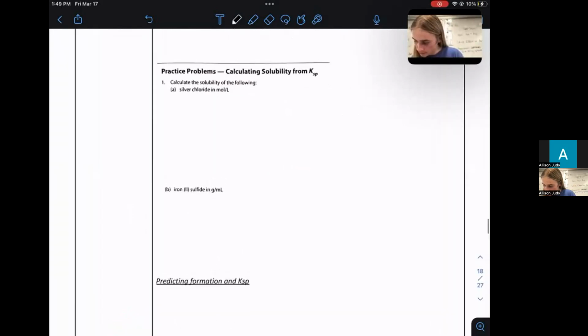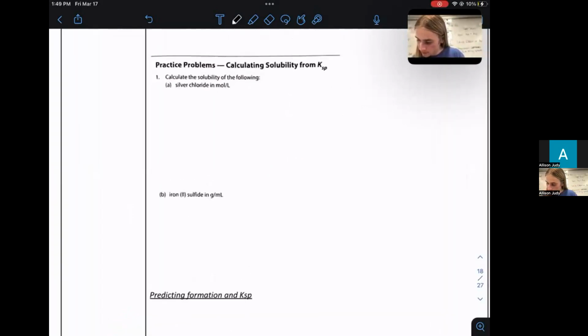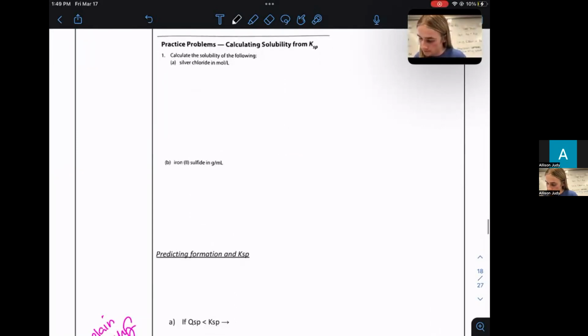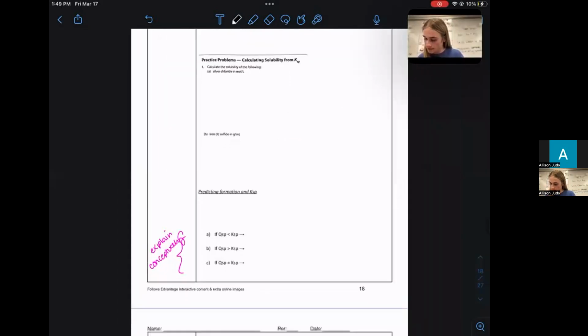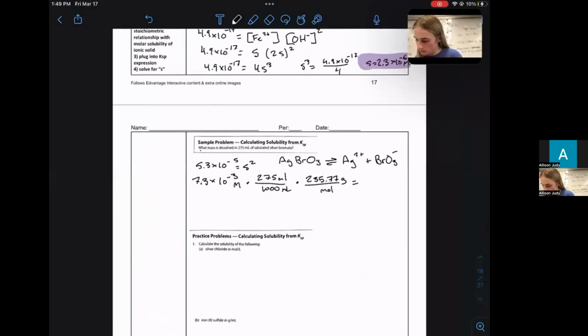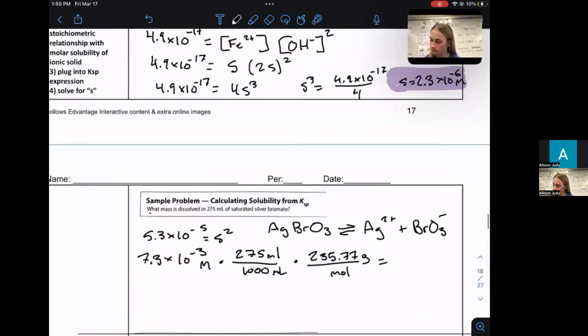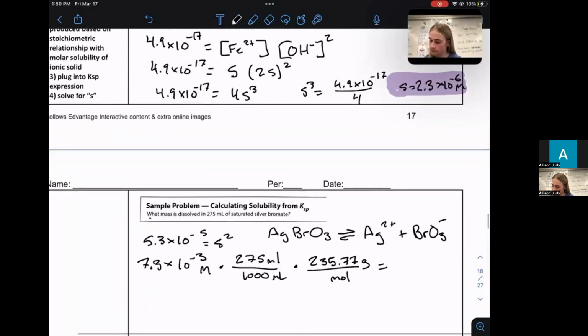I'm going to leave these 2 practice problems until the end if we have time. They're very similar to what we just did. This one is similar to that one up there, in that we solved for the molar solubility.